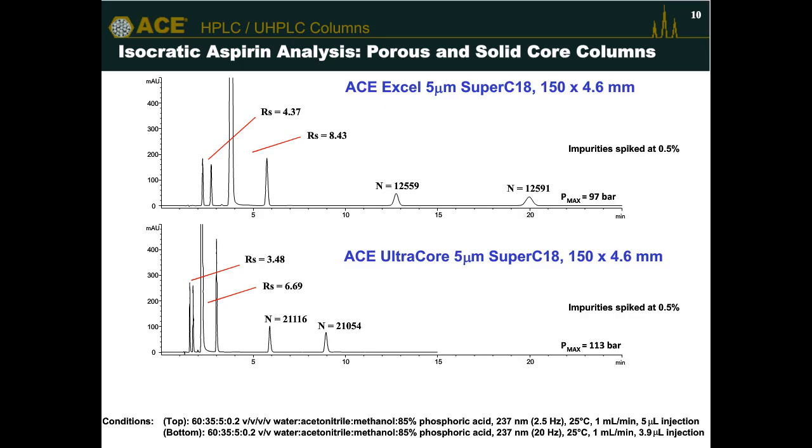And this is based on the reduced hydrophobicity of that solid core phase. Even though they've got the same chemistry, the same bonding on there, you've got less hydrophobicity on that solid core phase. So you are reducing the runtime that way, but you're also getting big gains in efficiency.